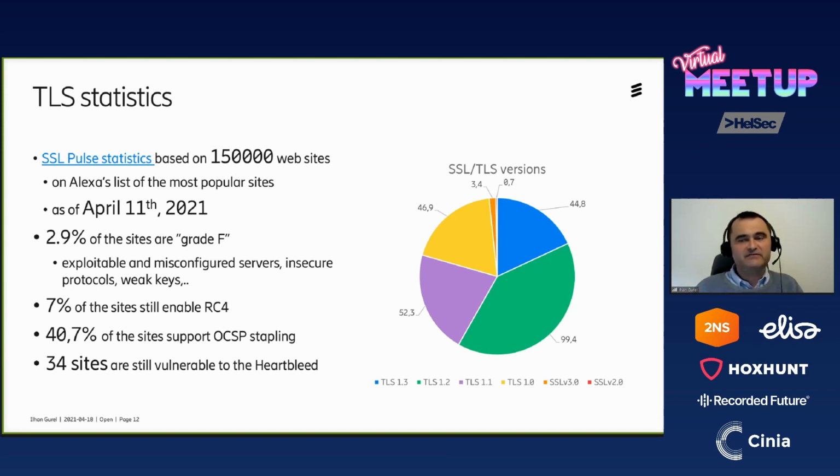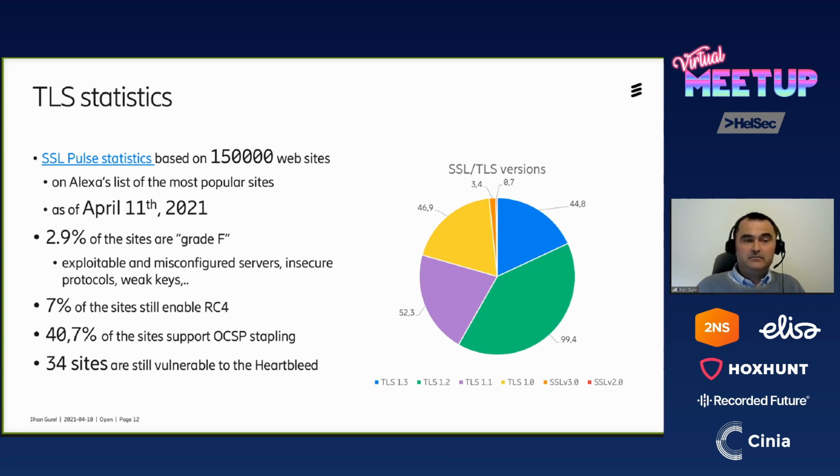But unfortunately, when we look at some other products, you still see some use of TLS 1.1, TLS 1.0, even SSL version 3.0 and SSL version 2.0. So things don't look good when we look at those statistics. Some of them are grade F, meaning that they are exploitable, misconfigured servers. They use insecure versions of those protocols and weak keys. When I talk about weak keys, I'm talking about keys such as 1024-bit RSA key or even weaker than that.